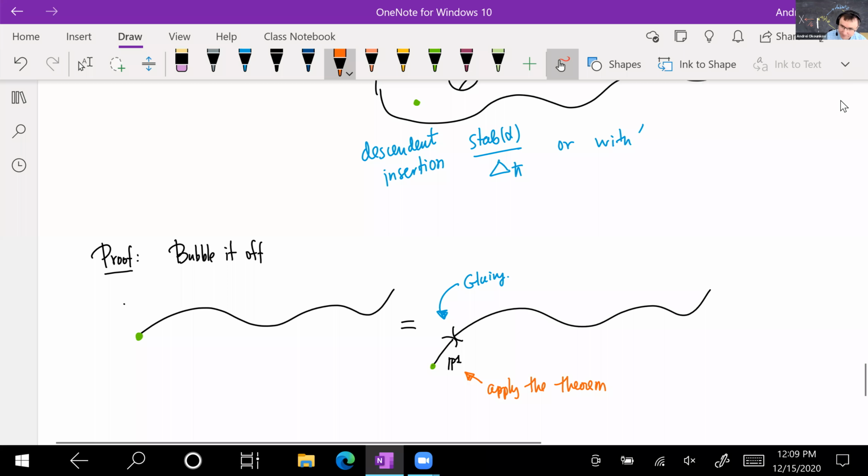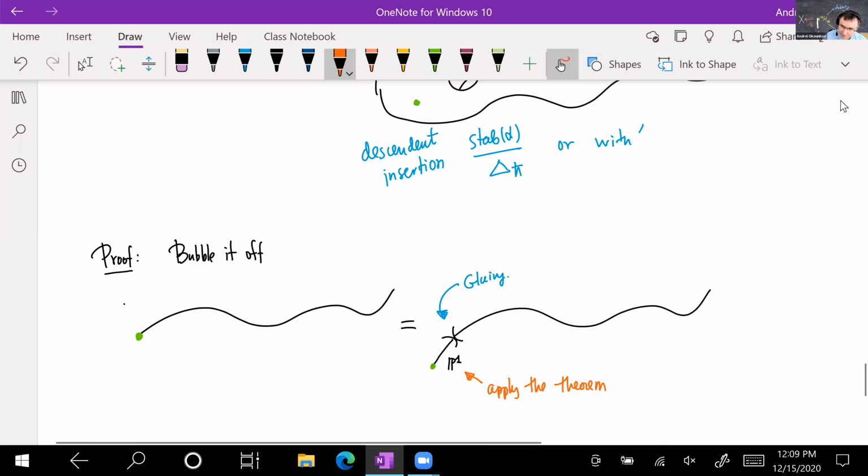I put whatever classes alpha and beta here, and by the same proof this is the same as taking stub alpha over delta h bar times this.